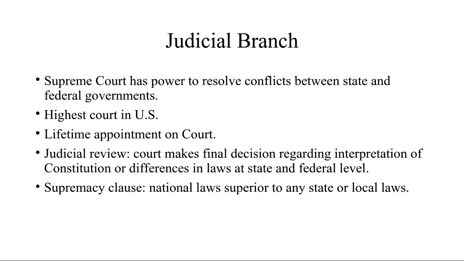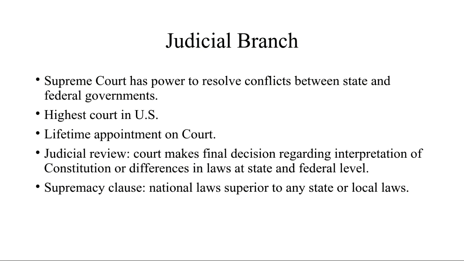The decisions that are made there are final. There's no other court to appeal your case. The only court that can overturn a Supreme Court decision is the Supreme Court. And they have done that a few times. For example, Brown versus the Board of Education in 1954, that was actually them overturning Plessy versus Ferguson.